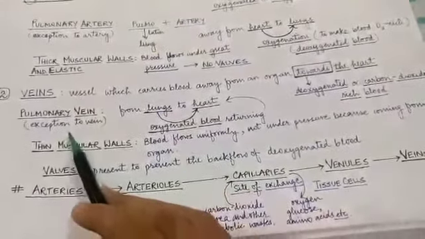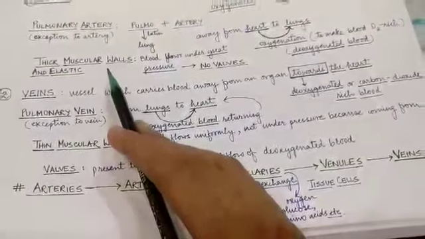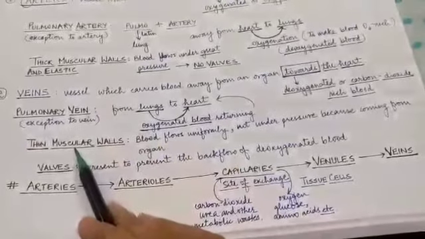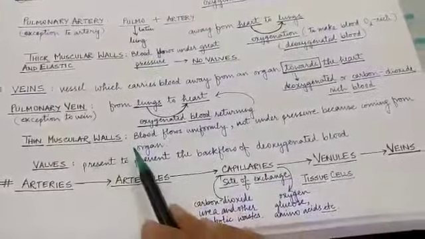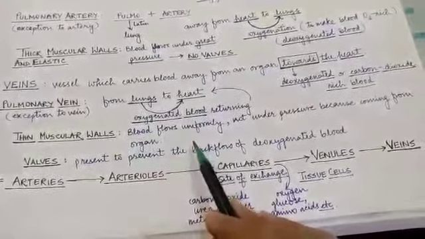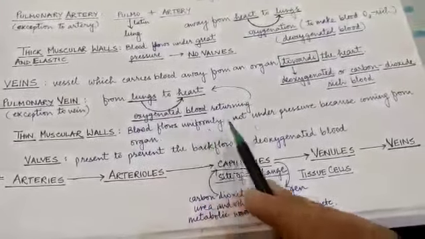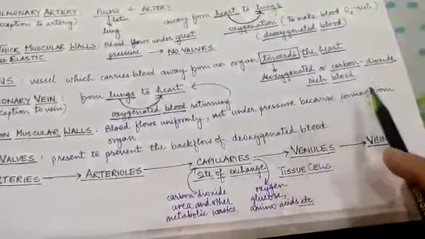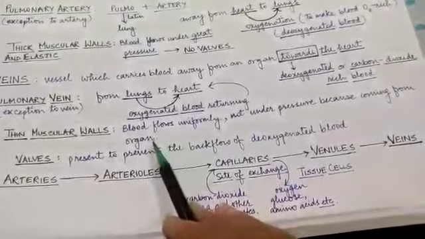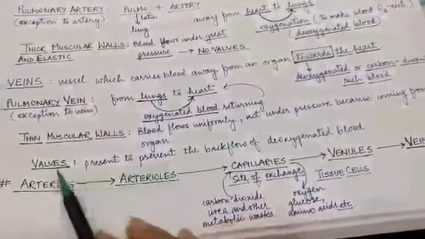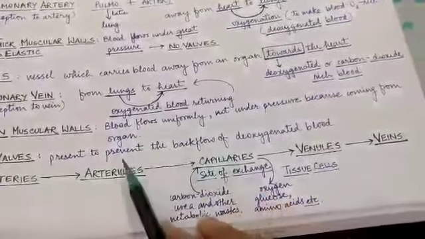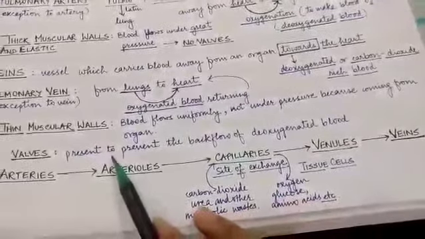Then likewise, as we have discussed the properties of arteries, let's discuss the properties of veins as well. They have thin muscular walls. Because the blood is coming from the organs, it is flowing uniformly. It is not under pressure because it is coming from the organ, not from the heart. So it is flowing uniformly, but what has to be monitored is its uniform direction, moving in one direction.